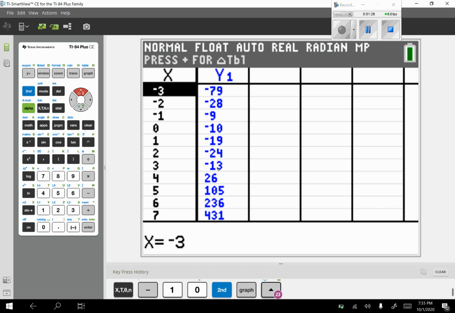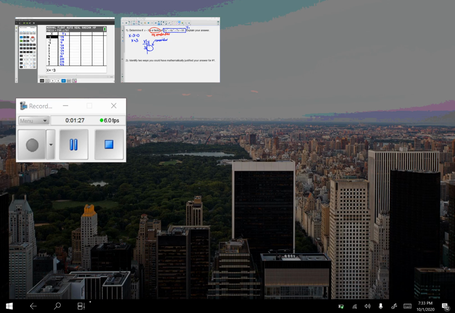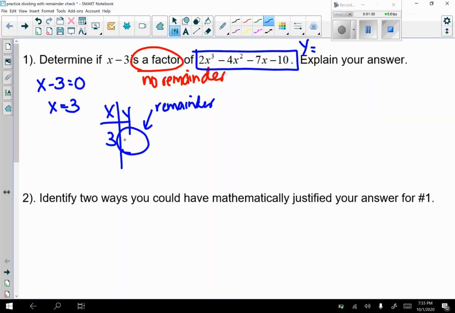And at 3, I have negative 13. So my answer is no, x minus 3 is not a factor because there is a remainder of 13.